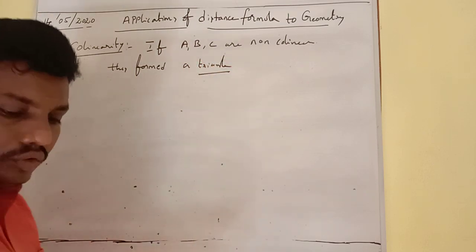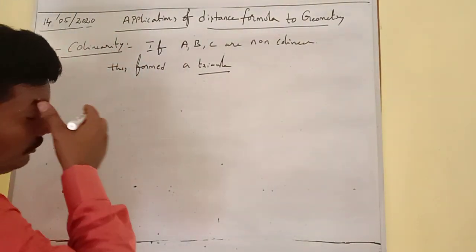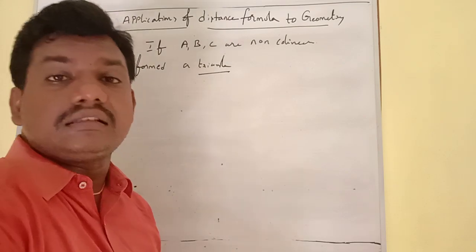Any three non-collinear points form a triangle. We know that already from our basics of geometry.